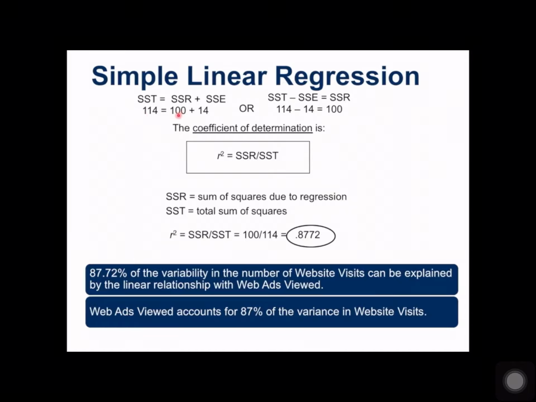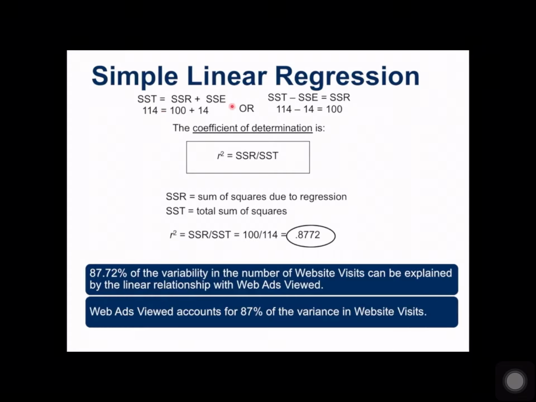The sum squared regression is the benefit that we get by actually calculating the line and minimizing the distance between the line and those actual scores. So we weren't perfect. We didn't explain all 114 sum squared error, but we explained a whole bunch, 100, and we only had 14 sum squared error remain. That's the error that's left unexplained.